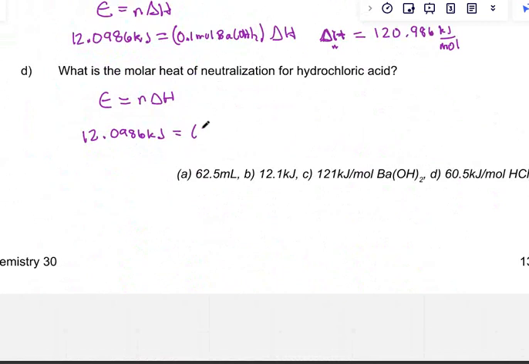So here we put 0.2 moles times our new delta H. And if you divide that by 0.2, 12.0986 divided by 0.2, you come up with 60.493, if I follow this.